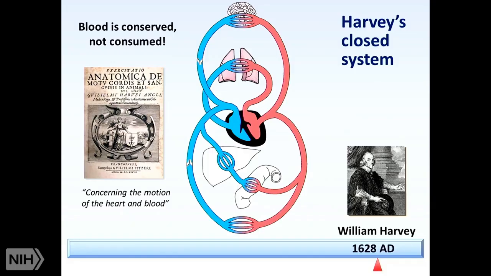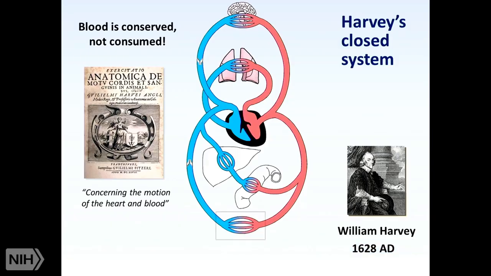Once this was established as fact, which would take some years, just before Harvey's death, this would change the worldview of the human body and would lay the foundation for all of modern physiology and medicine.